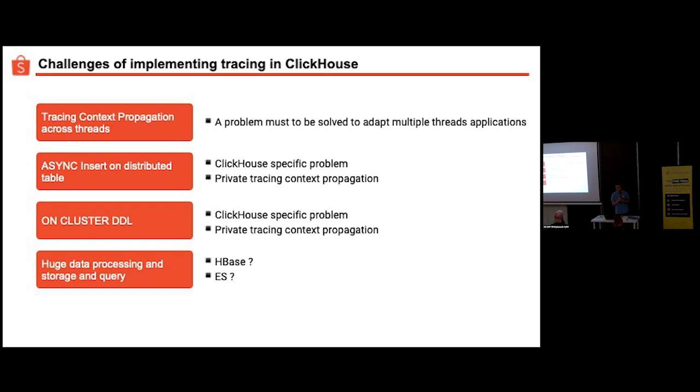Next, in ClickHouse there are many async processes, like async insert and distributed DDL. They are totally different async processing. The last part is that distributed tracing will generate lots of very huge data, and we have to process it in real time and finally store it in a good place.